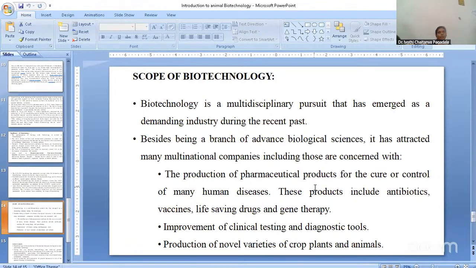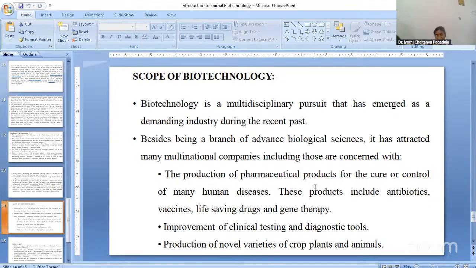Here, the National Biotechnology Board was replaced with a full-fledged department, familiar as the DBT, the Department of Biotechnology, under the Ministry of Science and Technology, for planning, promotion and coordination of various programs.